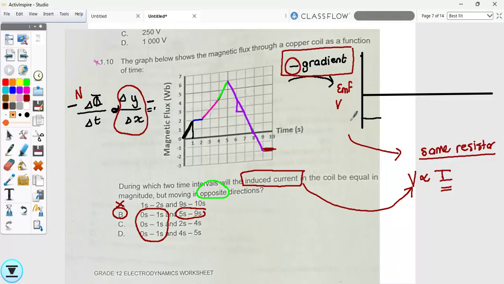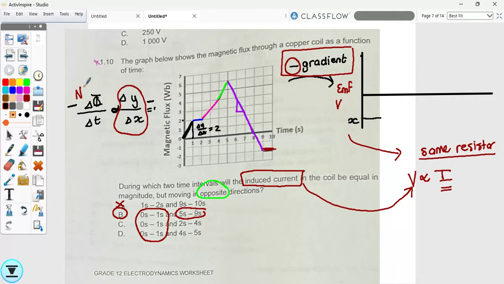Okay, so let's just give it a value. Let's say it's x. And you got it by saying 2 divided by 1. So the gradient here was 2 over 1. So this gradient, change in y over change in x, is 2. And that would give you an EMF that is x.